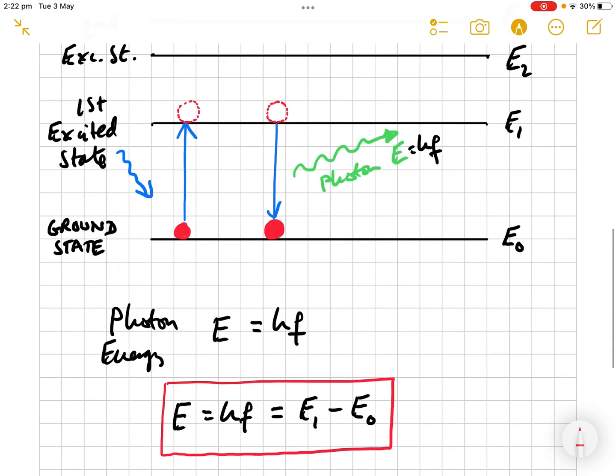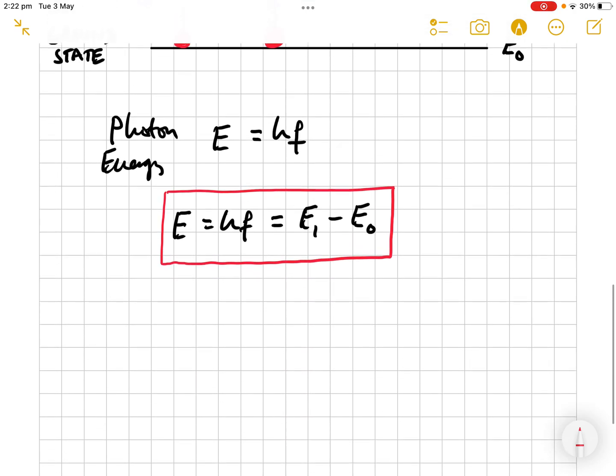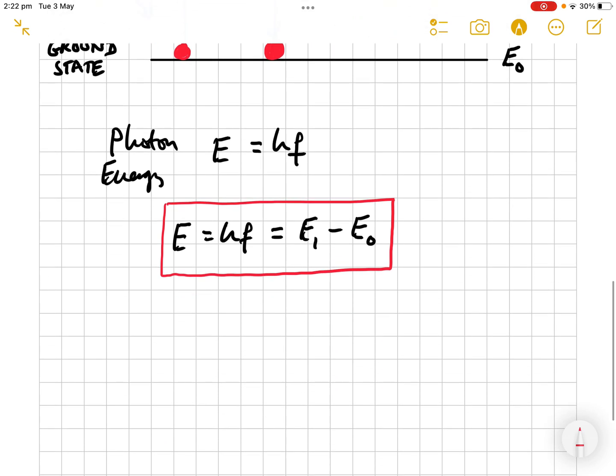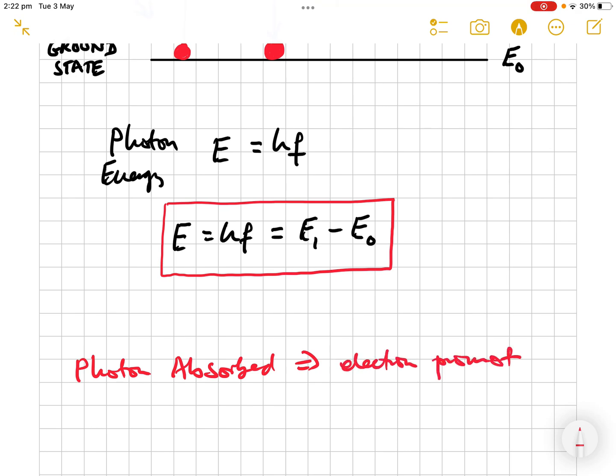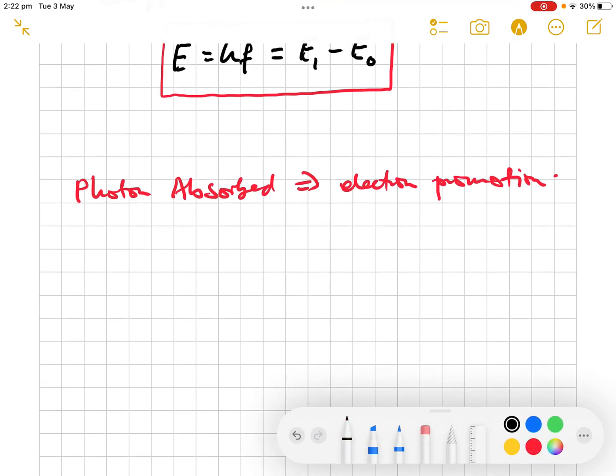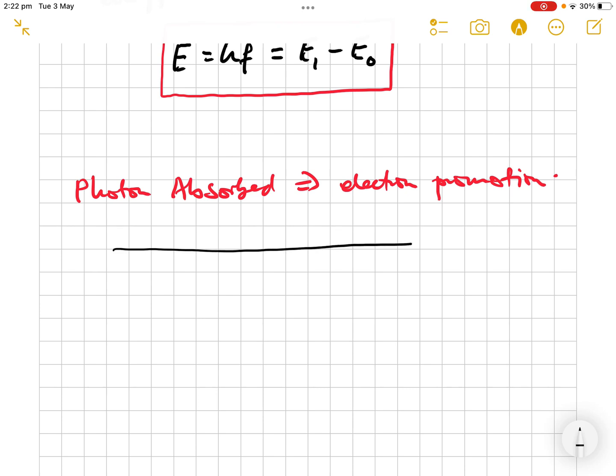So, basically, if the photon is absorbed, then the electron gets promoted. So this would be this scenario.